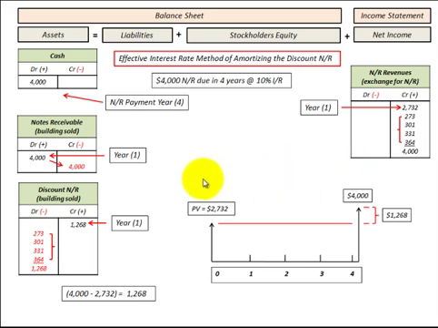So, associated with that notes receivable here will be a discount to the notes receivable, and then we're going to look at the notes receivable revenue. So we'll have to determine the present value of the notes receivable here at the beginning of year one, and then interest payments that we receive on the notes receivable.